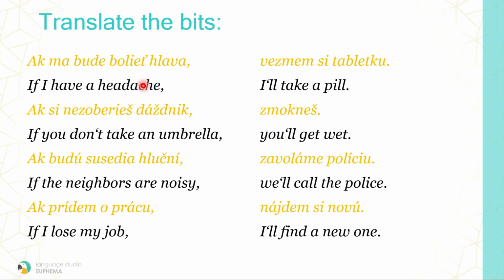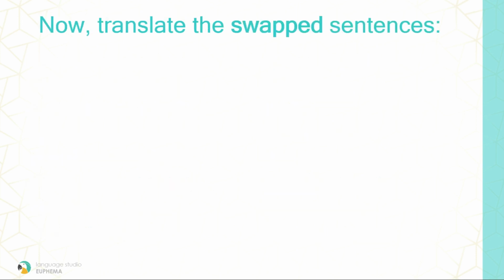So if I have a headache, I'll take a pill. If you don't take an umbrella, you'll get wet. If the neighbors are noisy, we'll call the police. If I lose my job, I'll find a new one. Now let's swap them. The main clause is starting now.